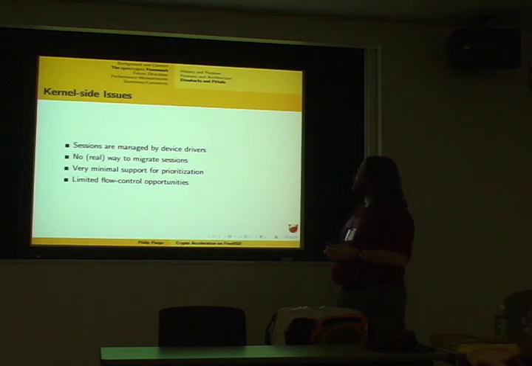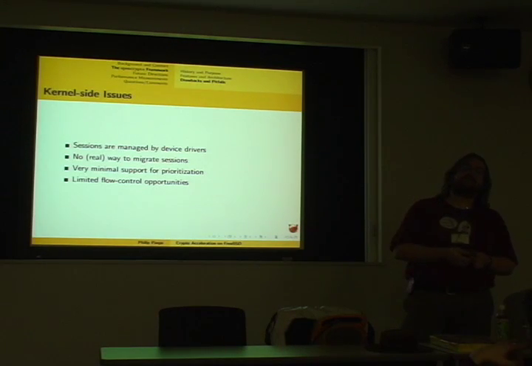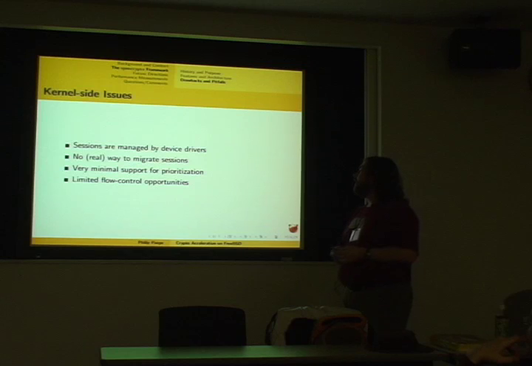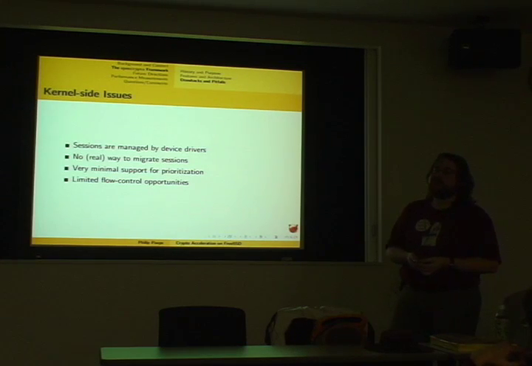The prioritization support I already explained is also not very good. If you have a fast device and a slow device, preference should be given to the fast device rather than the slow device. Another problem which I have not explained yet is that there are very limited flow control opportunities. These mainly show up when you're doing IPSEC.